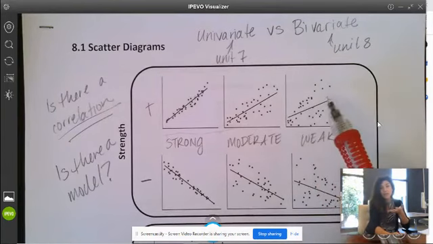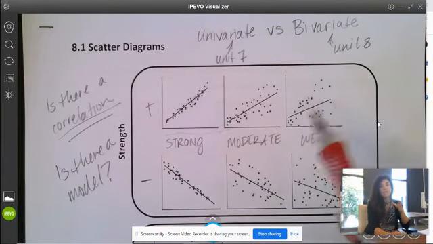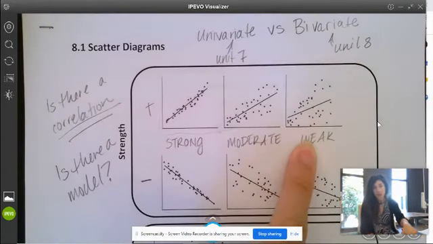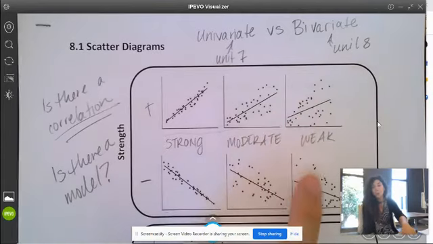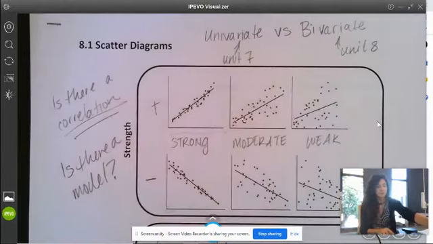This is still trending upwards, right? This is still trending downwards. But the difference is whether it's really tightly grouped or not. So this is still a correlation, a positive correlation. It's just a weak one, but it still is a positive correlation. Okay, so you can have strength about how grouped they are around a line of best fit.